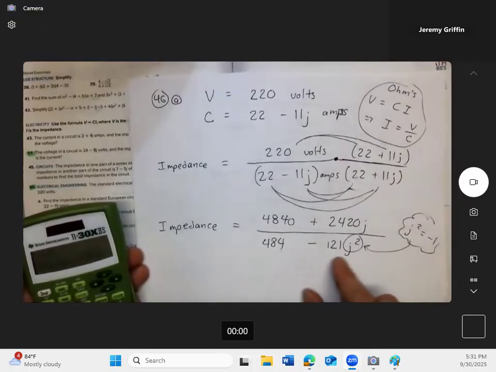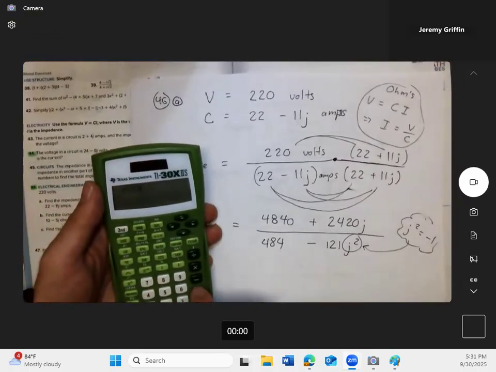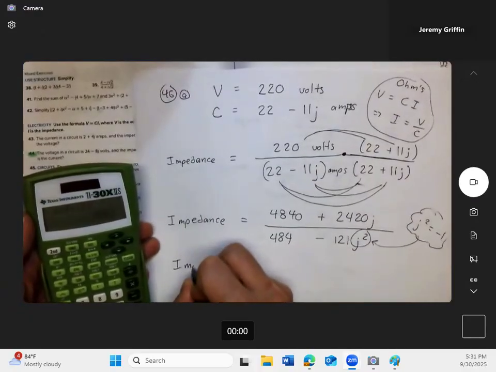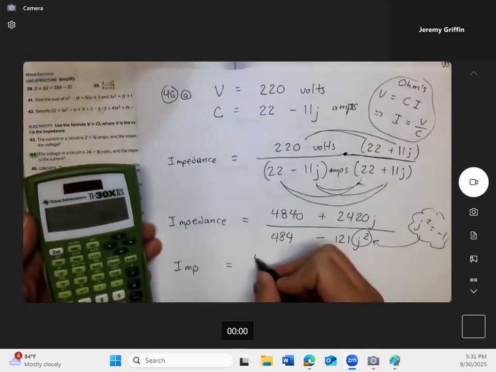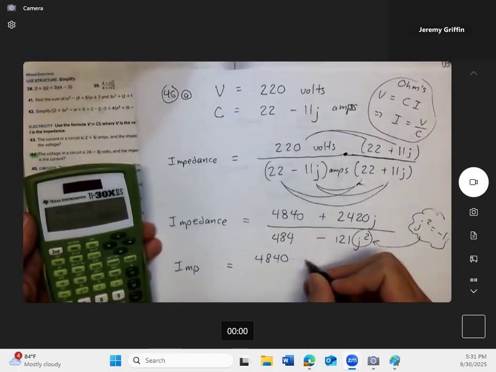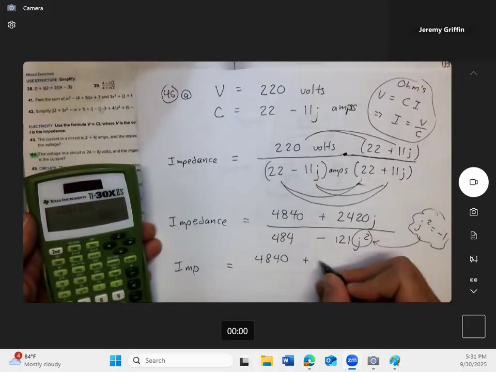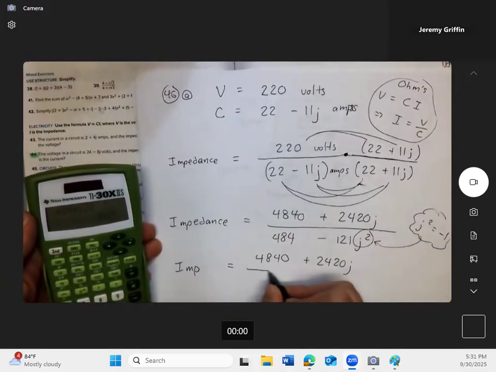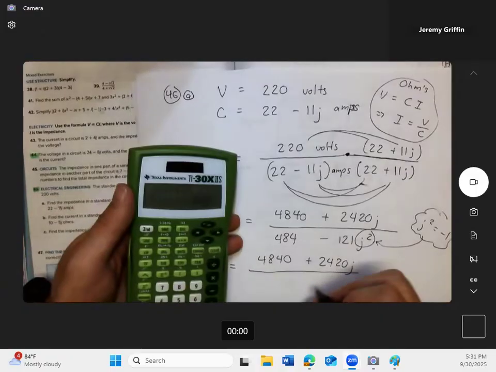That's the same thing as adding 121. So 484 plus 121, that's 605. So impedance is 4840 plus 2420j, all divided by 605. This should be some number of ohms.